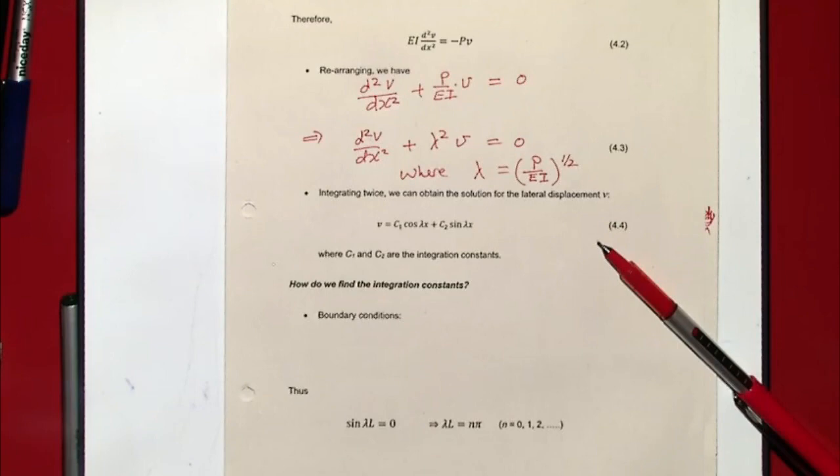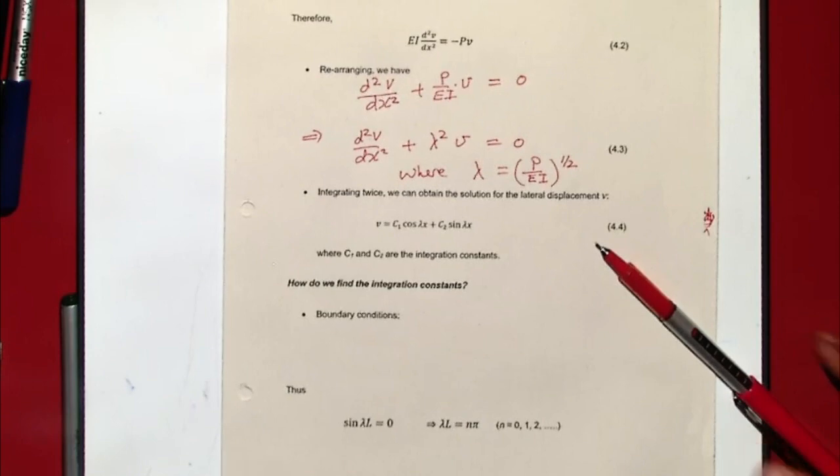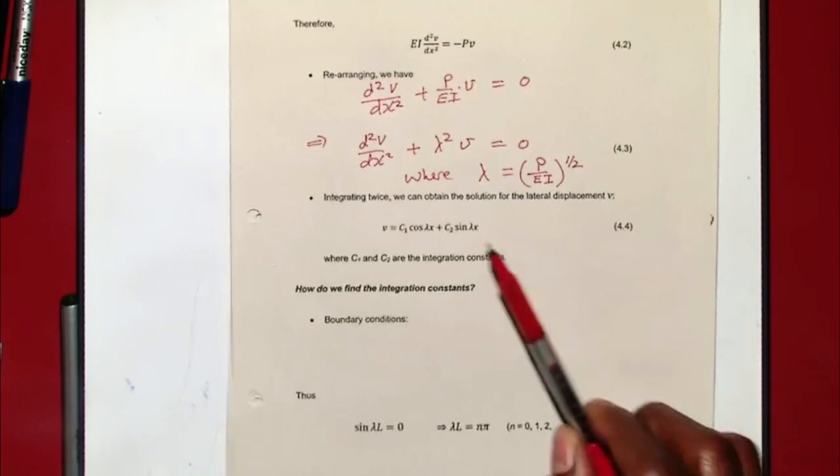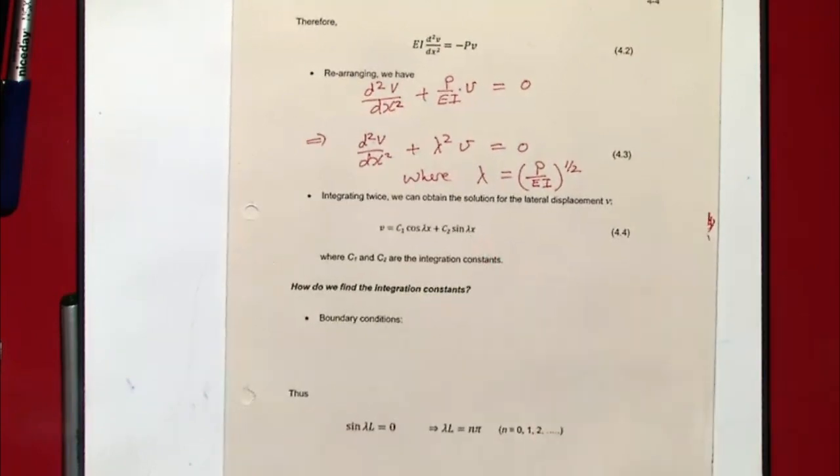I certainly hope in your EG 3007 you've gone through how to solve a second order differential equation. Let us assume that it is correct. That is the solution of the movement of the beam due to load P, and that load P appears in the solution through the parameter lambda.